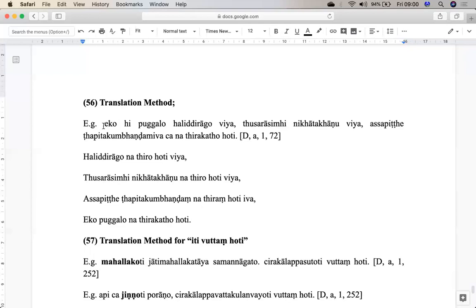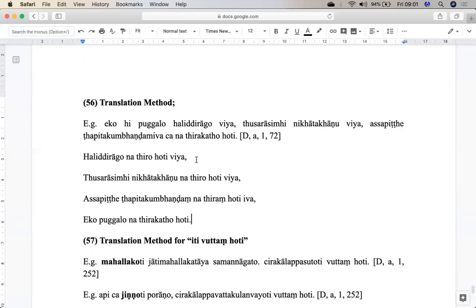So even though in this sentence only here natira gato hodi is related to the eko bogalo, in the meaning, haleda rago, natiro hodi, dying with the color of turmeric also is not stable.